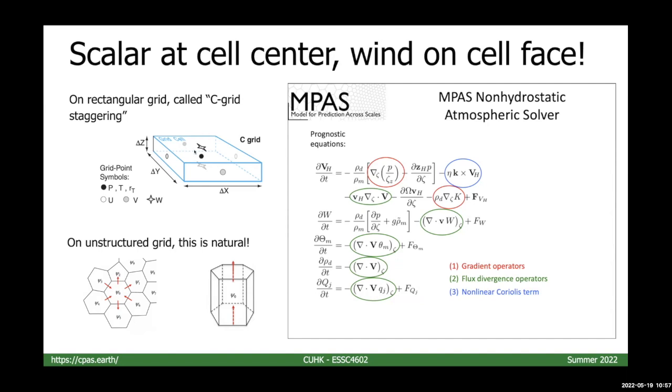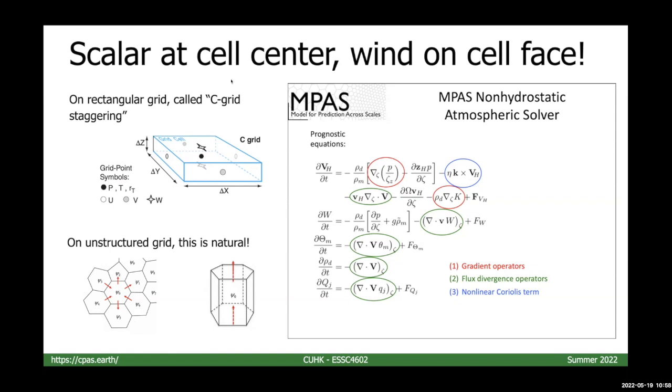For each cell, we have to assign the variables of the atmospheric state to the cell. Some variables are scalar, like temperature and the density of the air, and the mixing ratio of the moisture, something like that. They are scalar variables.